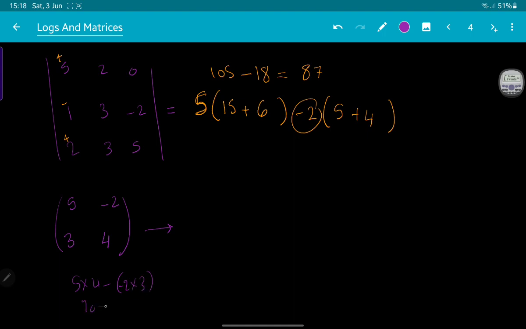So it's 20 plus 6. So it's 1 over 26. Change 4 and 5: on the main diagonal we swap the elements, and for this one keep the 2 and 3 but change the signs. This will be negative 3 and this will be positive 2. This is the answer, the inverse of this matrix.